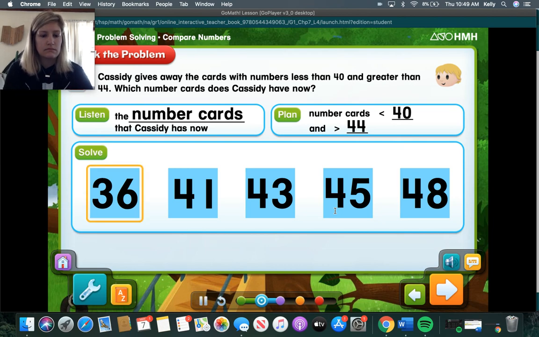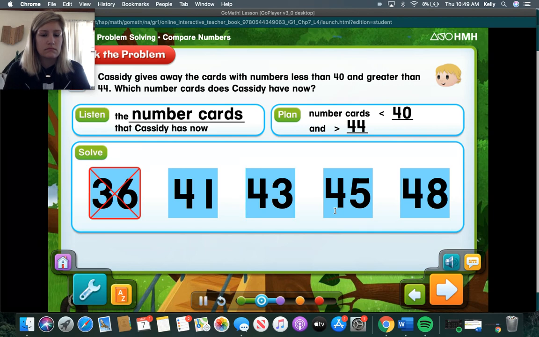Is 36 less than 40? Yes, 36 is less than 40, so Cassidy gives away 36. Is 41 less than 40? No, 41 is not less than 40, so Cassidy keeps 41. Is 43 less than 40?